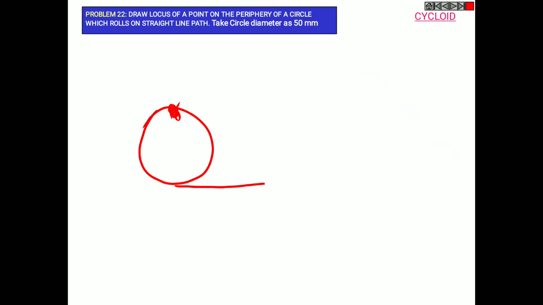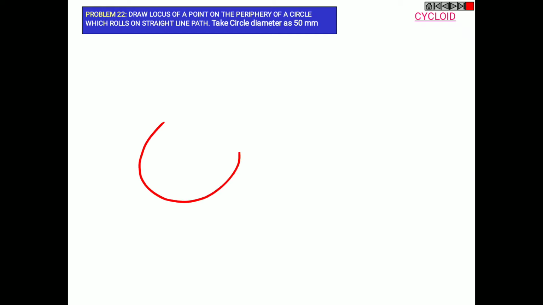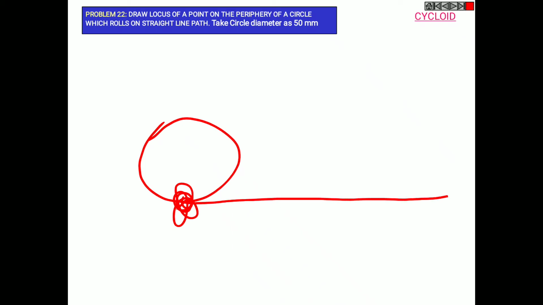Not here, we will just assume that this is a circle, with a point over here, and this is the line.